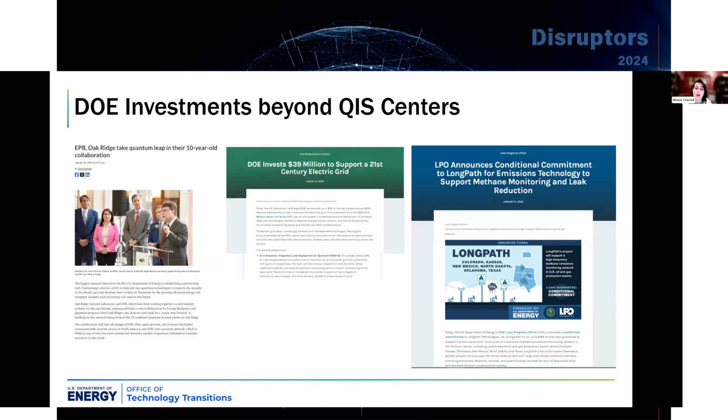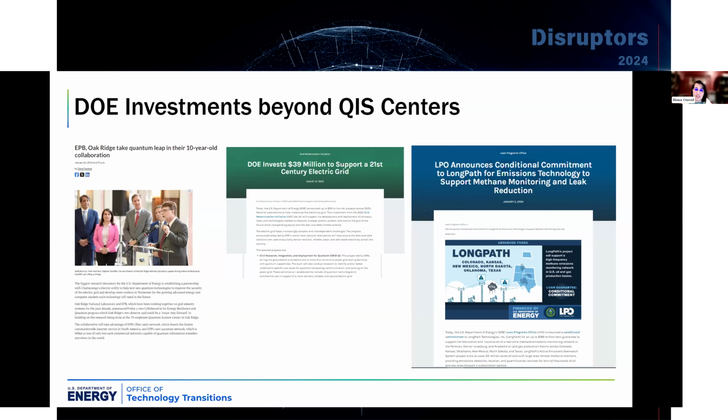We've moved away from basic science research and have started investing in the applied space. So we invested some of the grid modernization initiative funding mentioned here in the middle. A portion of the 39 million went to stand up basically a sandbox for developing quantum capabilities at the national labs in collaboration with industry that can be deployed directly within the energy sector, because we see that as a very interesting use case that can help bring scale.